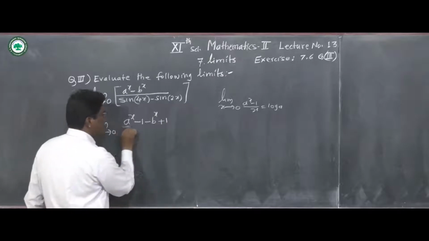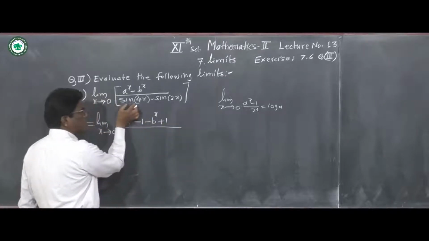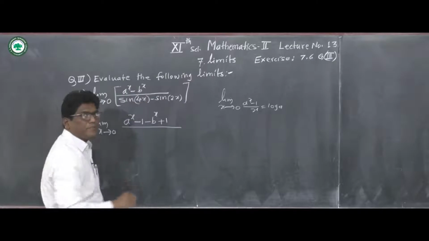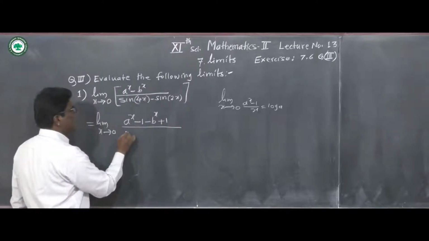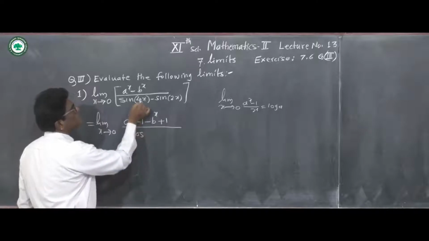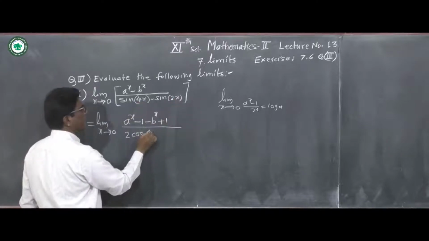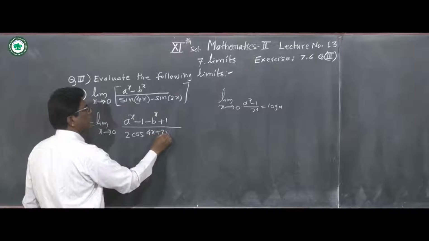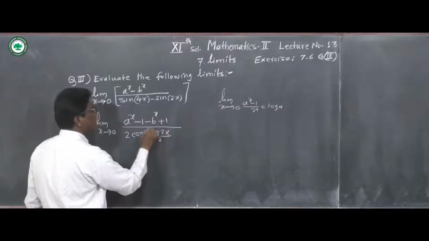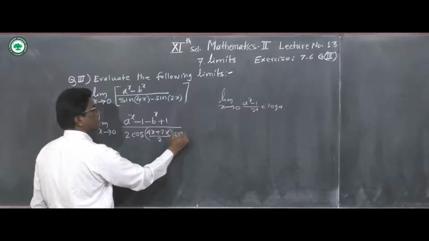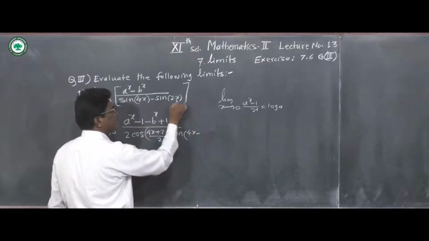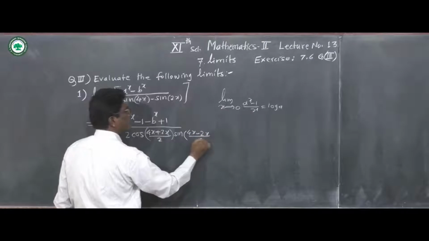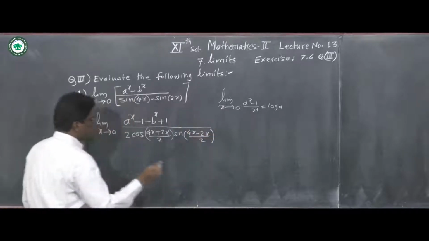Divided by, here we use formula sin c minus sin d. What is the formula for sin c minus sin d? That is equal to 2 times cos of (c plus d) by 2, 4x plus 2x divided by 2, into sin of (c minus d) by 2, c here 4x minus d here 2x divided by 2.